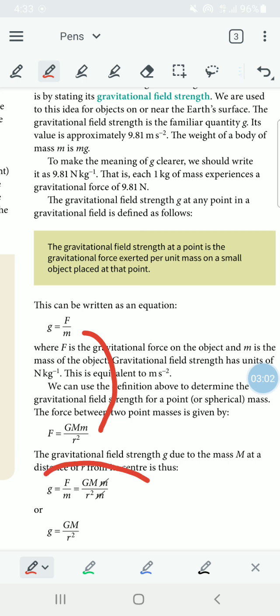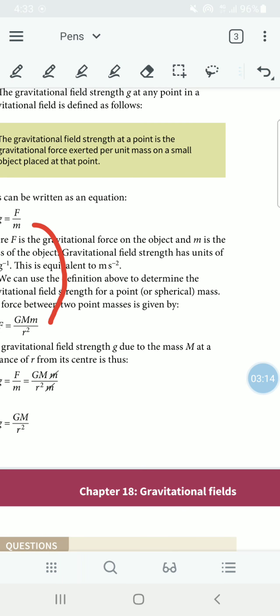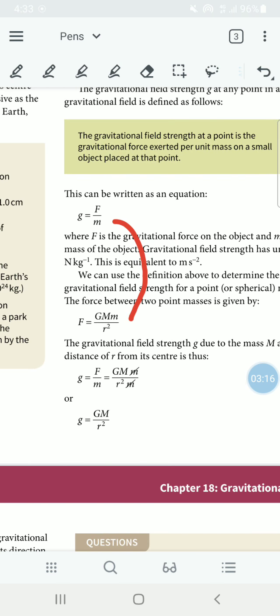As a result you will get another equation for g, that is g equals capital GM upon r squared. This equation is quite important for us.